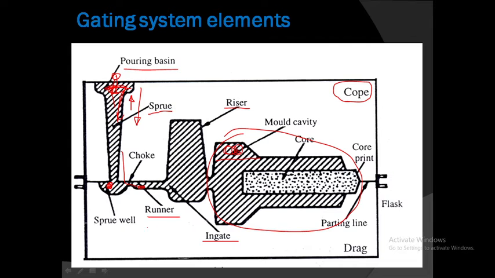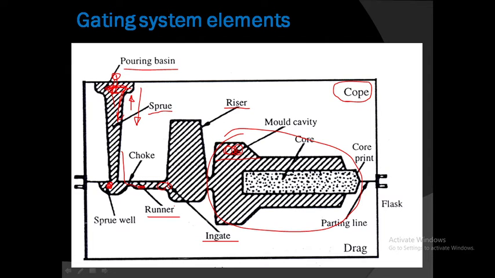Now next we will see about the gates. So the gate is also called an ingate. Okay, so these are the openings through which the metal enters the mold cavity. Okay, the gate should feed liquid metal to the mold cavity at a rate consistent with the rate of solidification.